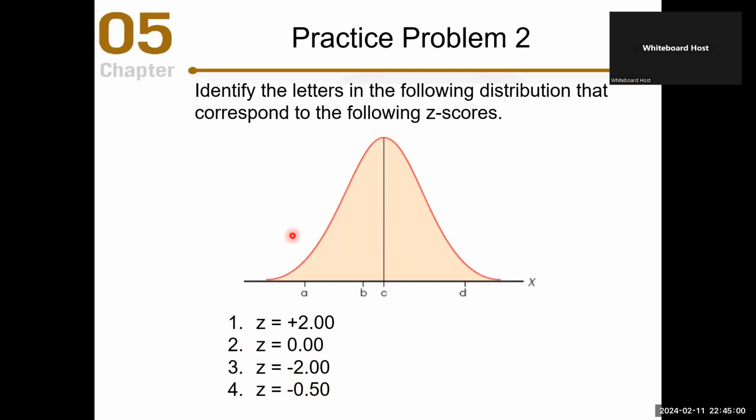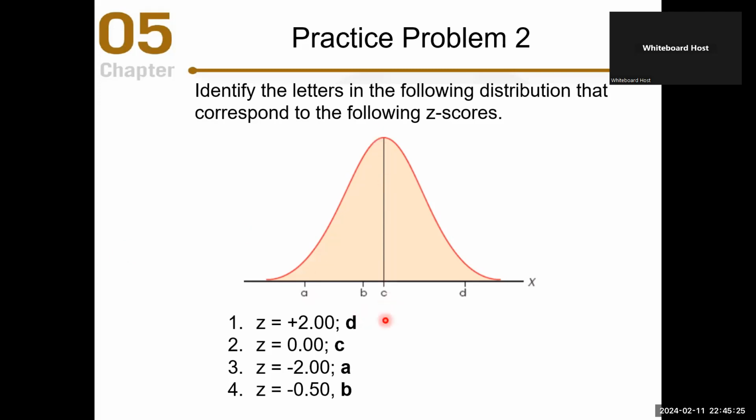We know that a negative z-score is going to the left of the 0 value here. So the closest to the 0 should be -0.50, and then this A should be -2.00.